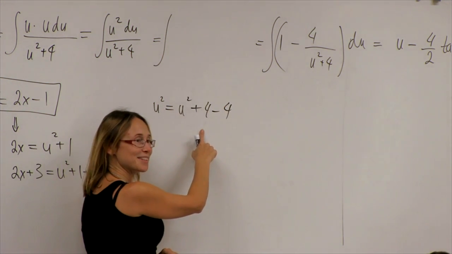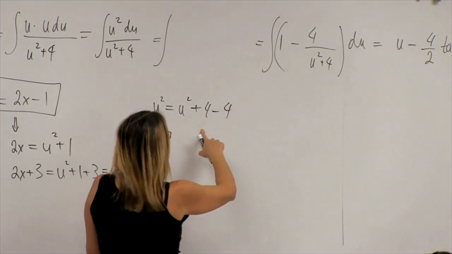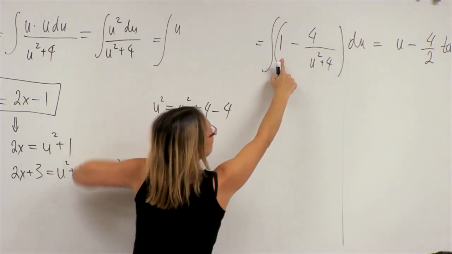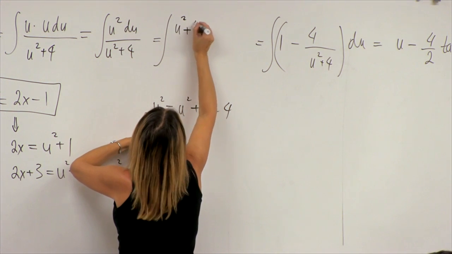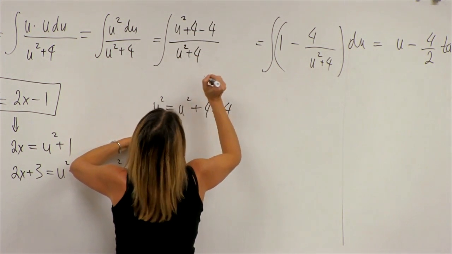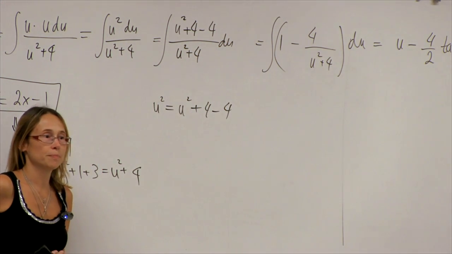Nobody can argue against this, right? This is a truth, okay? And the reason I want to do it is because I want to separate 1 away. More questions?